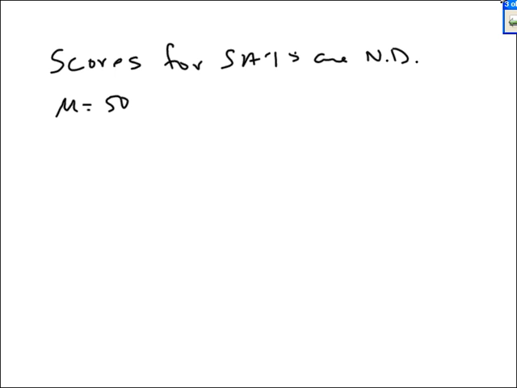So the scores for SATs are normally distributed. The mean is 509, and the standard deviation is 112.